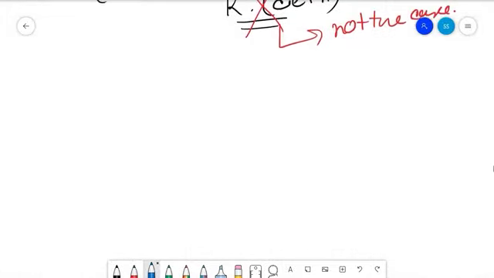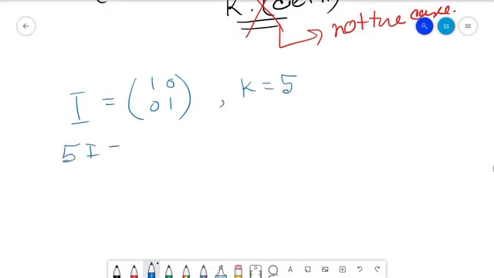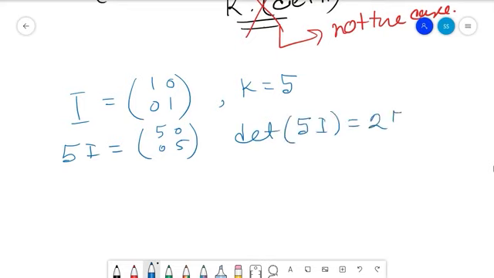Let's take the identity matrix I, the 2 cross 2 version, and let's take K equals 5. So 5I is just 5 0 0 5, right? And if you compute the determinant of 5I, this is 25, but the determinant of I is just 1.